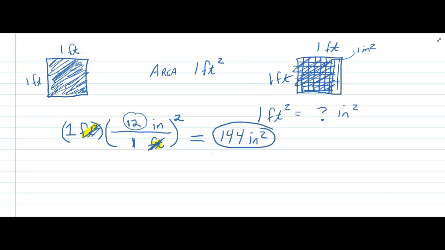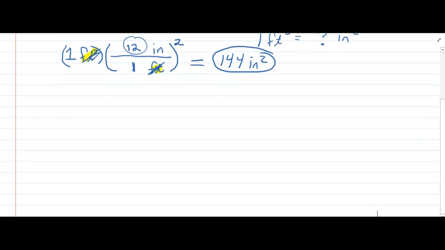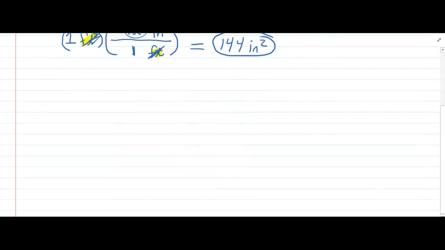Let's try another one. Suppose I had 1 mile, and it was a square mile. I suppose that there was a borough or a township somewhere that was 1 square mile in size.